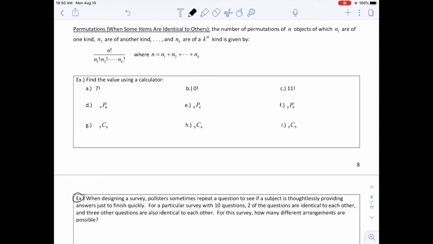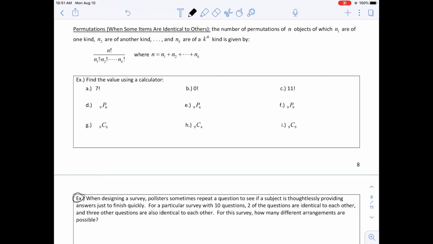We also have permutations when some items are identical to others. You see this a lot when you go in and take a test. Sometimes they'll ask the same question multiple times just to make sure that you actually do understand a concept.